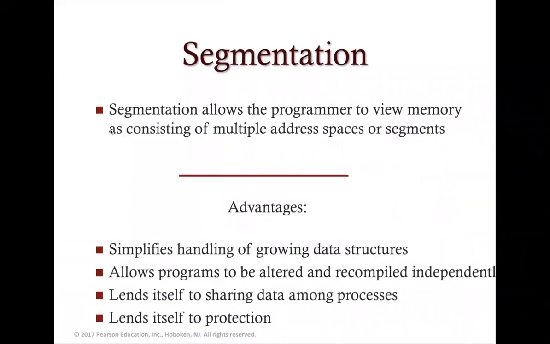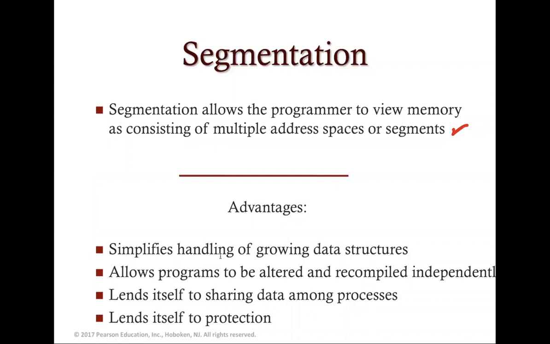So when it comes to segmentation, we know that segmentation allows the programmer to view memory as consisting of multiple address spaces or segments. Segments could be of unequal or even dynamic sizes. Memory references consist of a form of address.